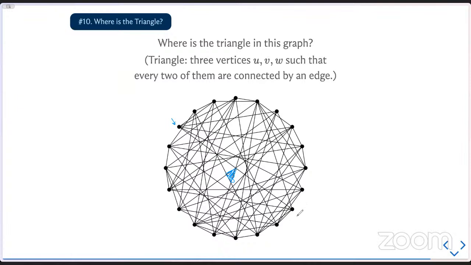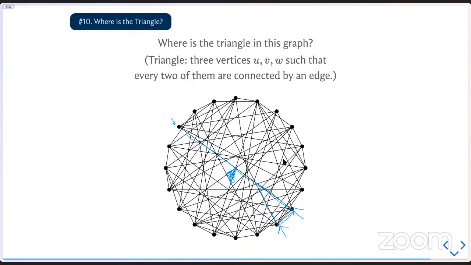So I want three of these vertices on the outer rim, so to speak, that are pairwise connected by edges. And here, for instance, this is somewhat promising because you have this edge and then you have this one going all the way, but I don't think you have the missing edge. So that's not quite a triangle, and this is not the kind of triangle that we are looking for.